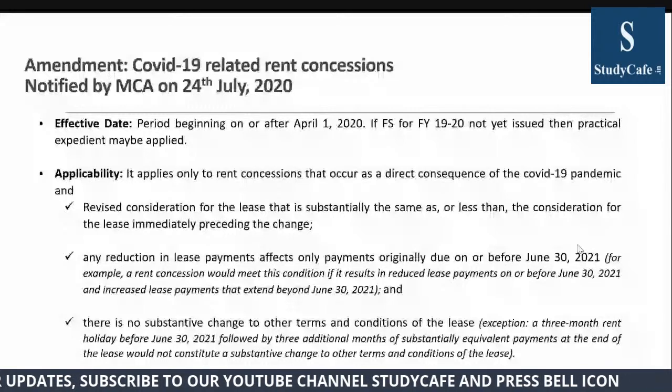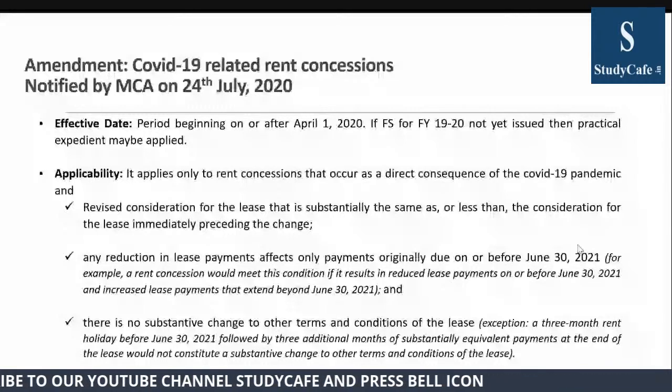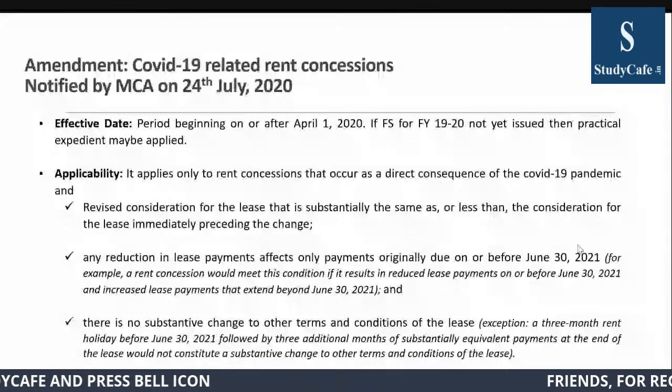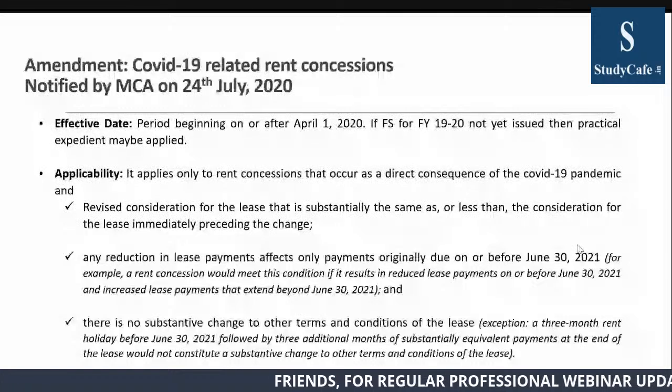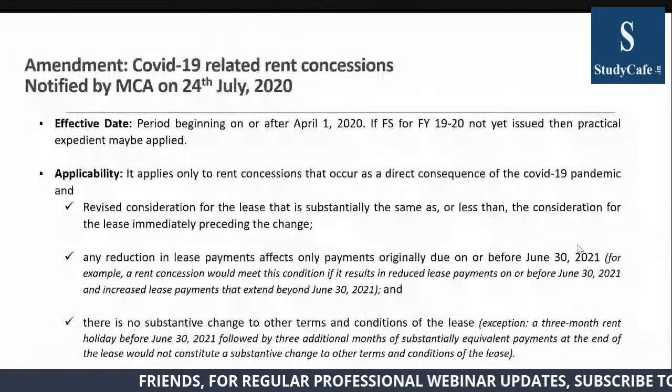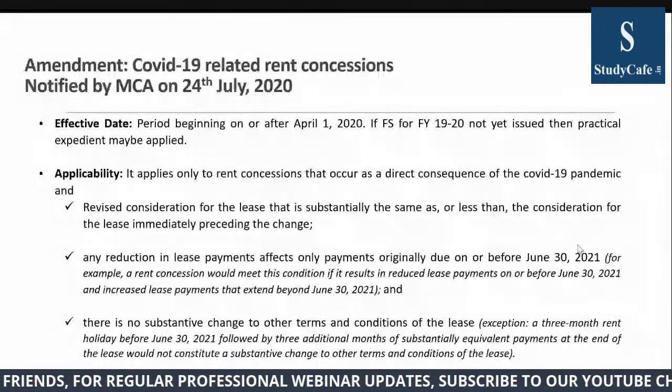But in this case, a benefit has been given to the lessees, and it has been made clear that whatever benefit arises on account of decrease in lease liability will be recognized in the profit and loss account. So there is a dual benefit to the lessees.